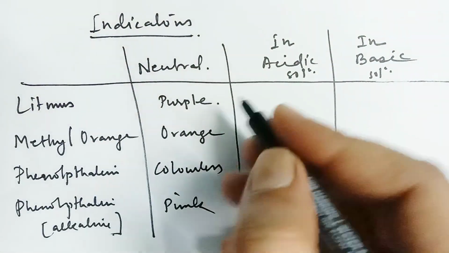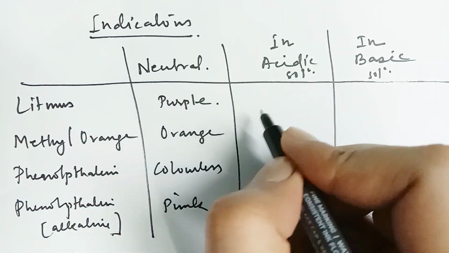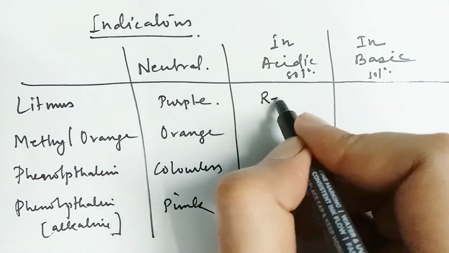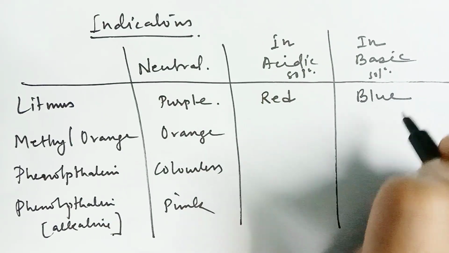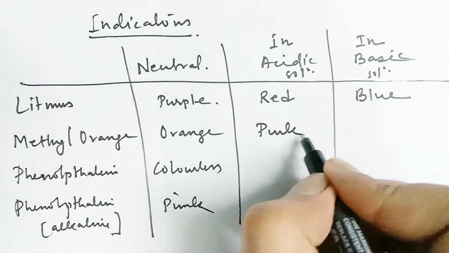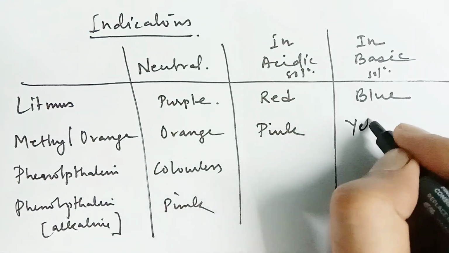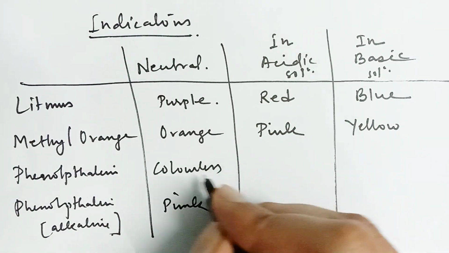Litmus in neutral condition is purple. When you add acid it becomes red. In base it becomes blue. Methyl orange is another indicator which is pink in acid and yellow in basic solutions.